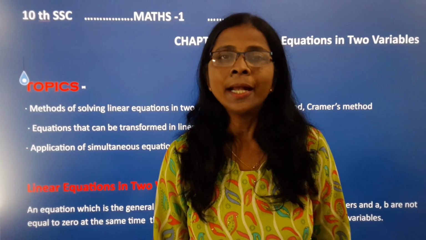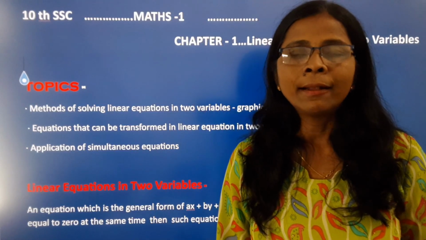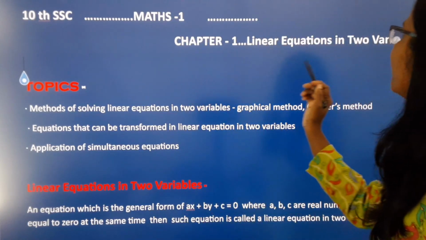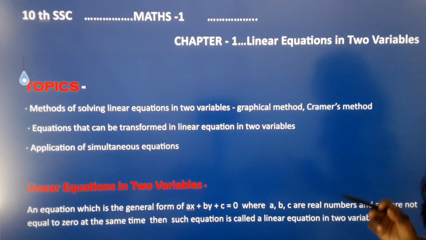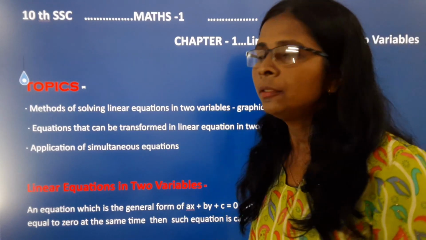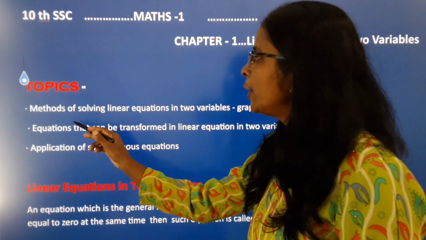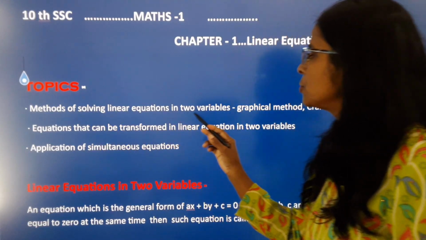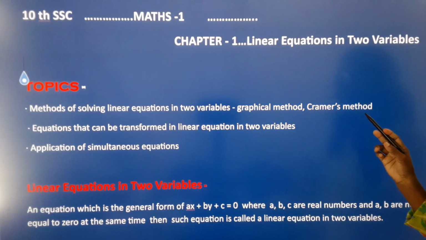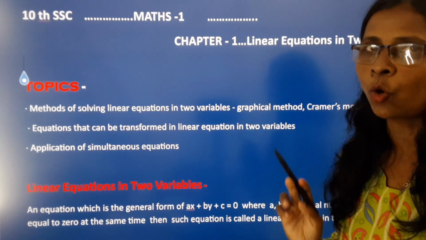Now students, let us see the first chapter of the Maths Class 10 SSC: linear equations in two variables. Okay, students, in this chapter there are three topics. The first topic is methods of solving linear equations in two variables. The graphical method and Cramer's method are included in this topic.